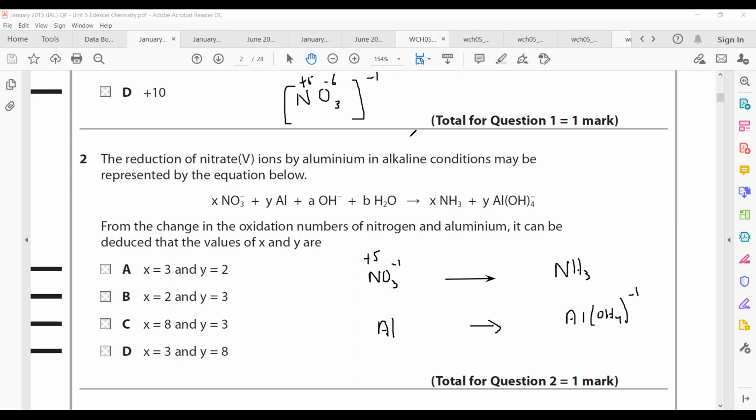And in NH3, each hydrogen is +1, so three hydrogens is +3, so nitrogen should be -3, because when two non-metals are there, the one which is more electronegative should have the negative oxidation number.